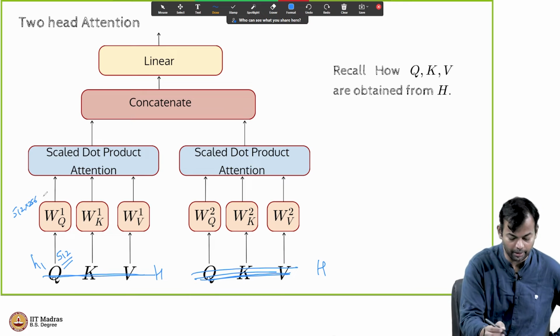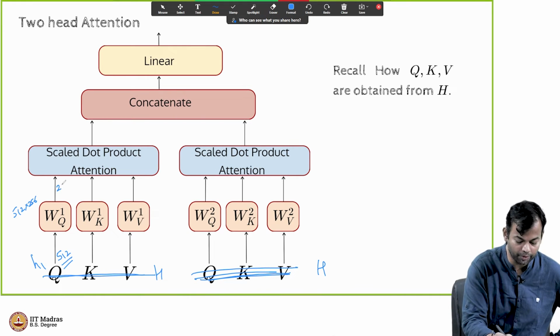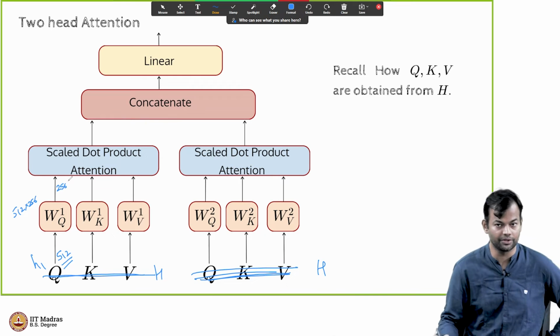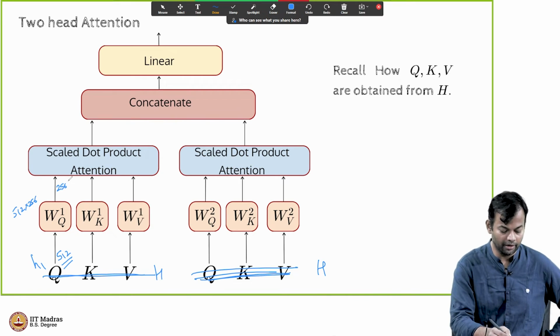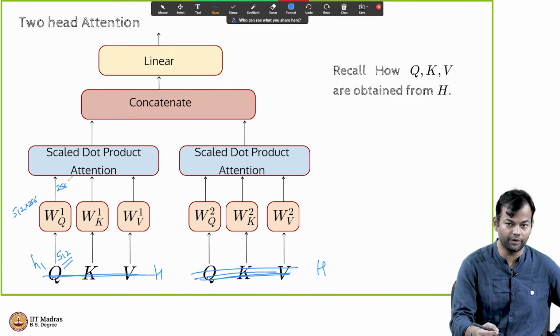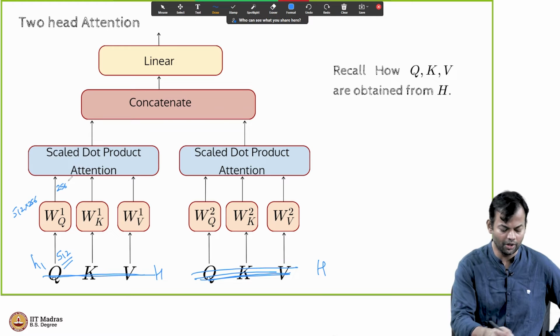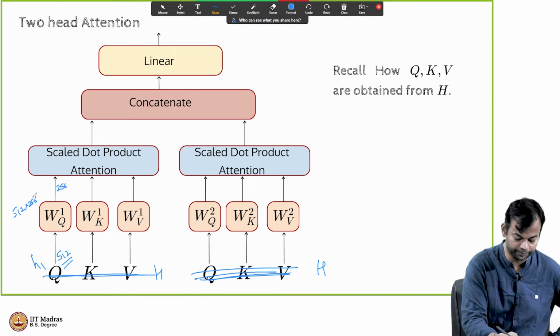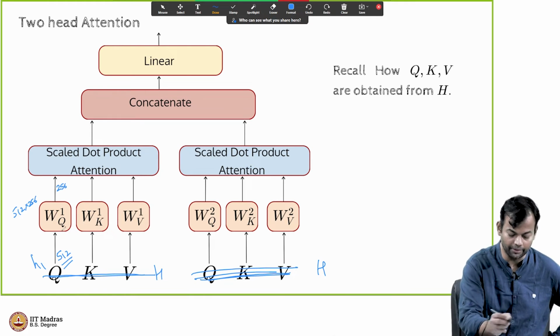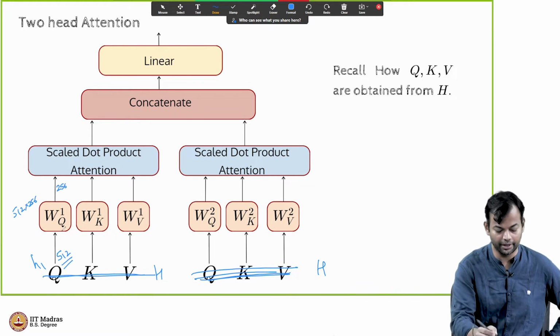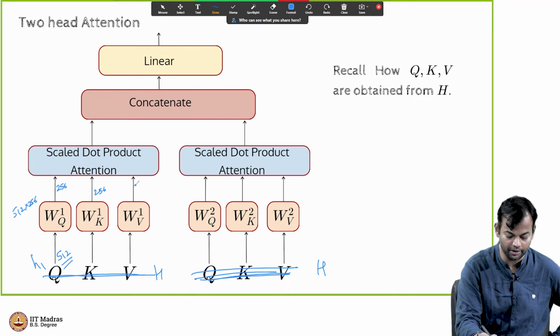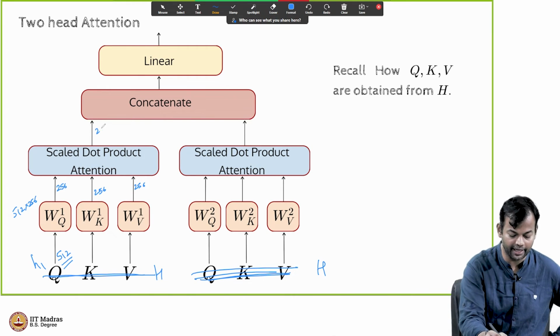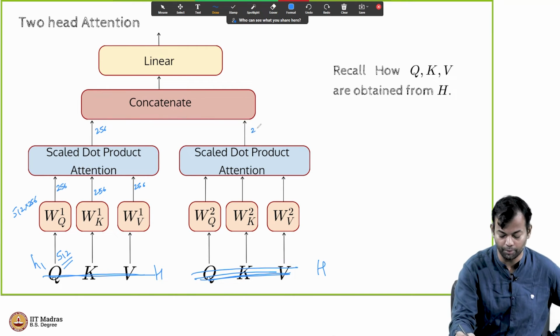So that means the projection which comes out, my QKV, would be 256 dimensional, because it's a 512 dimensional vector multiplied by a 512 cross 256 matrix. So I'll just project it down, so this will be 256 dimensional. So at the output again I'll get 256 dimensional Zs in both the cases.